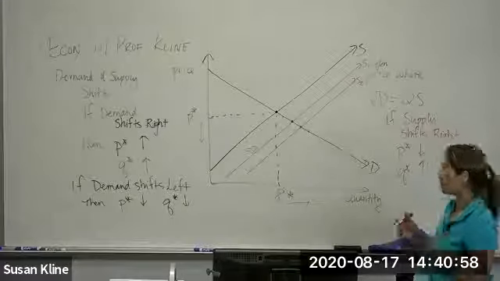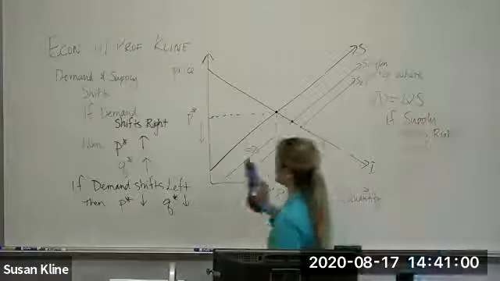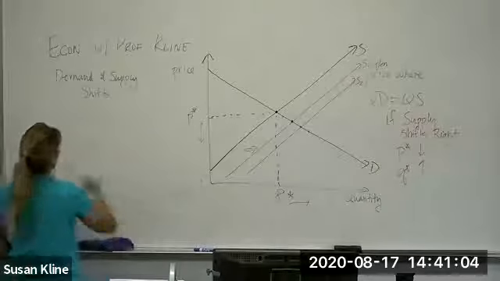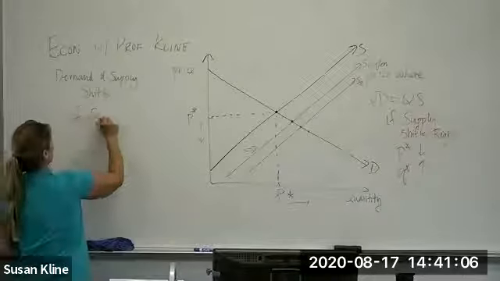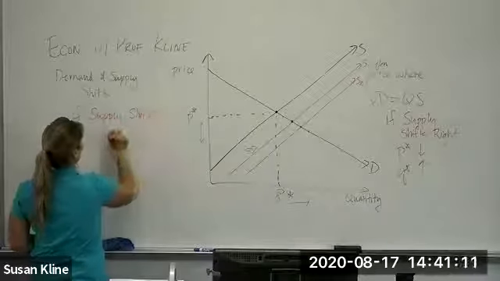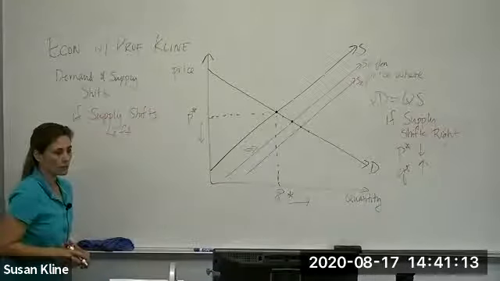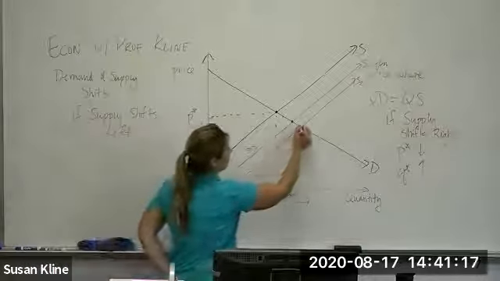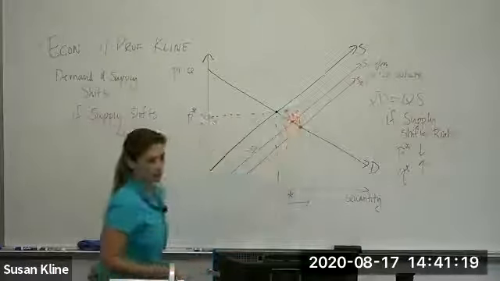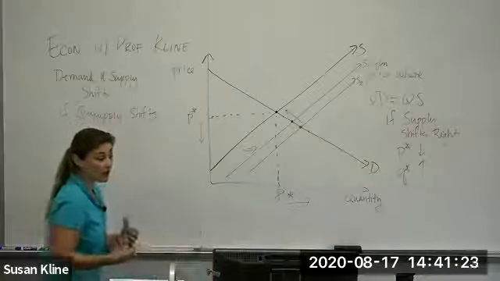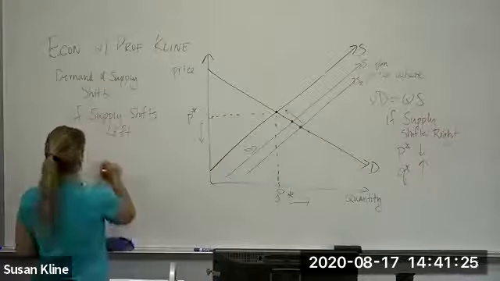Now we can extrapolate from that, right? If supply shifts left, okay, now we have, if we're starting here, now we're moving in this direction. And we can also just simply extrapolate. If there's less supply, well, let's think about quantity first.